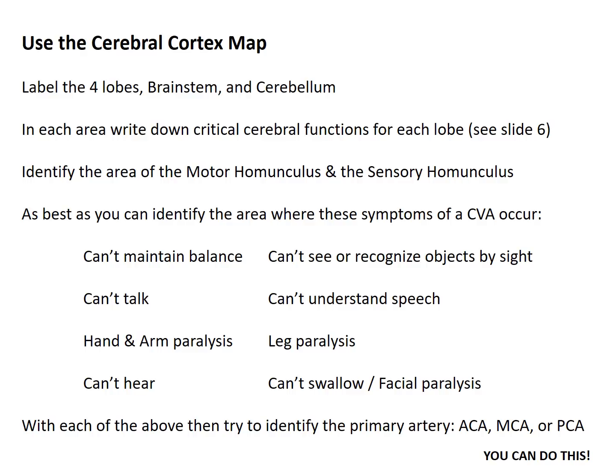One person can't swallow and has facial paralysis. So do you think you can do that by mapping out the cortex? Do you think that you can find those critical regions of the brain responsible for that? And then once you've done that, can you determine whether that is coming from the anterior, middle, or posterior cerebral arteries? Sounds like a handful, right?